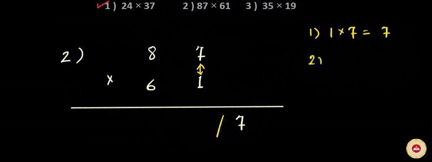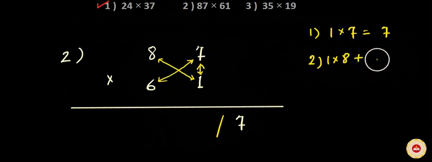Step number 2. Now include this second column from the right side, and multiply the digits in these two columns crosswise. So these two digits and these two digits. That means 1 multiplied by 8, multiplying crosswise and adding the two products: 1 multiplied by 8 plus 6 multiplied by 7.